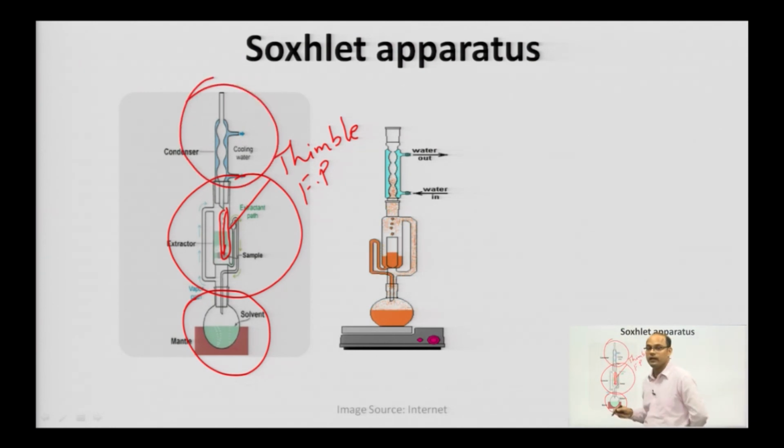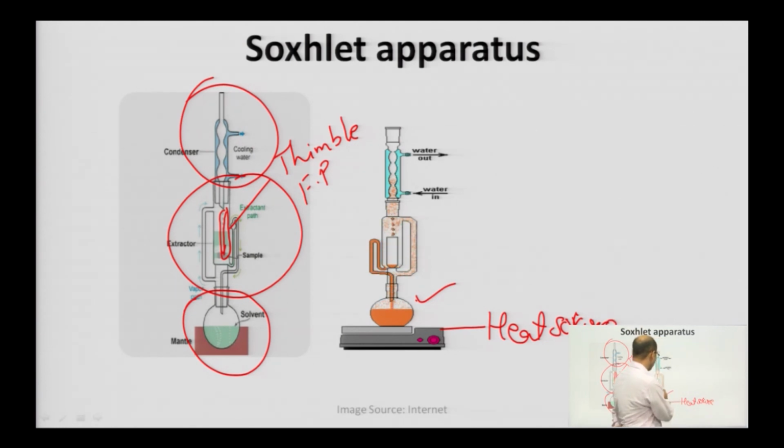So, what happens in this Soxhlet apparatus: the vapors of the solvent which we have used for isolation get evaporated after application of a heat source. This is the heat source. After application of heat, the vapors migrate through this side tube into the extractor.